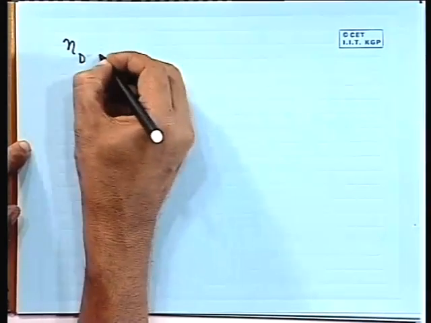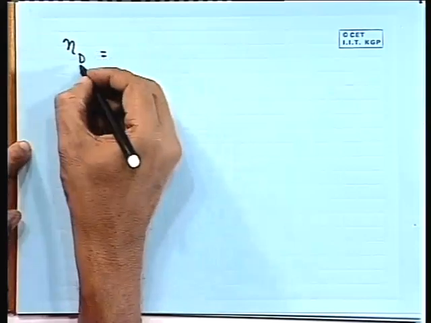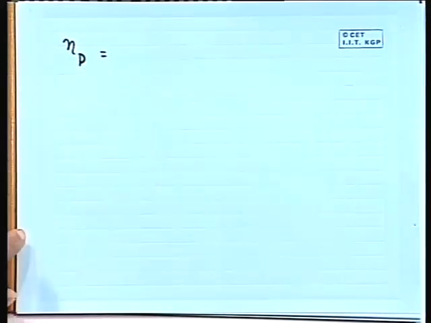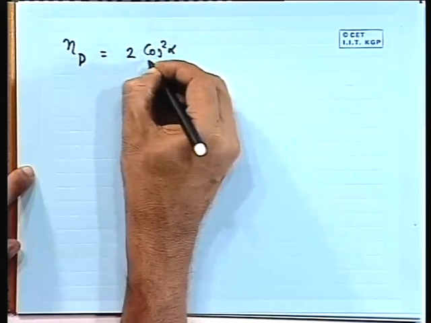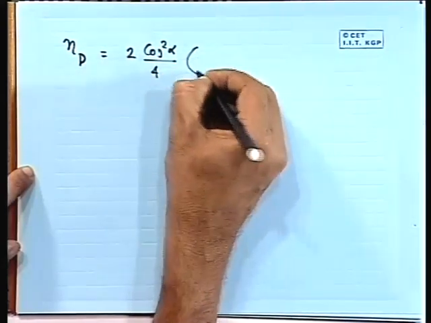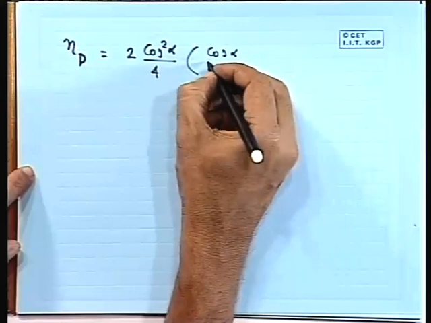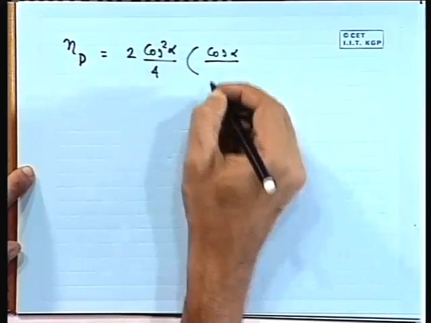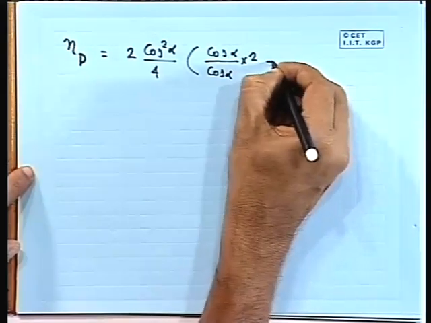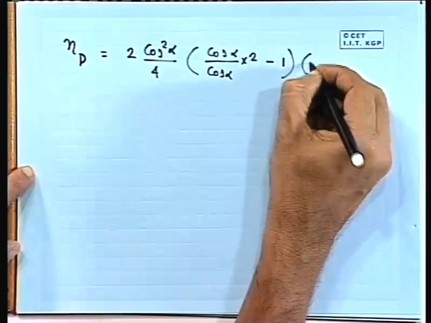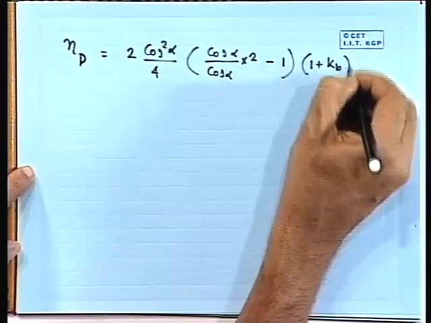So, if we put that, we will get eta d is equal to, rho is equal to cos alpha by 2, so twice cos square alpha by 4, then cos of alpha by 2, this is 2 minus 1, and 1 plus Kb.